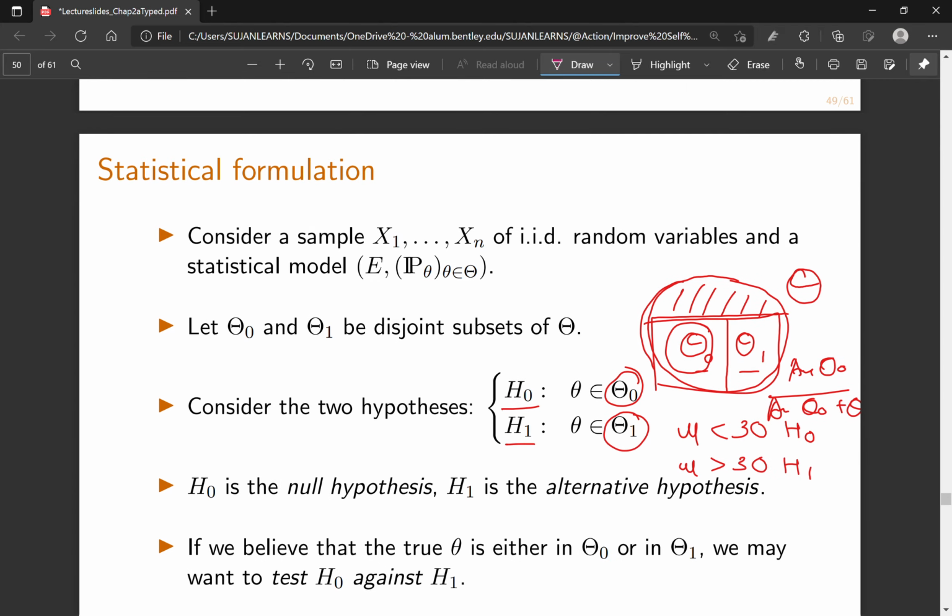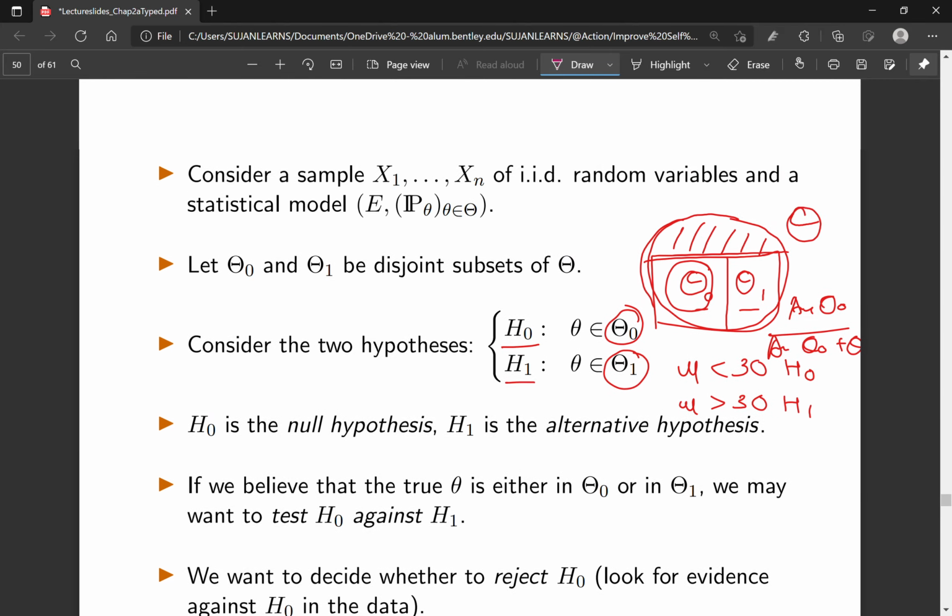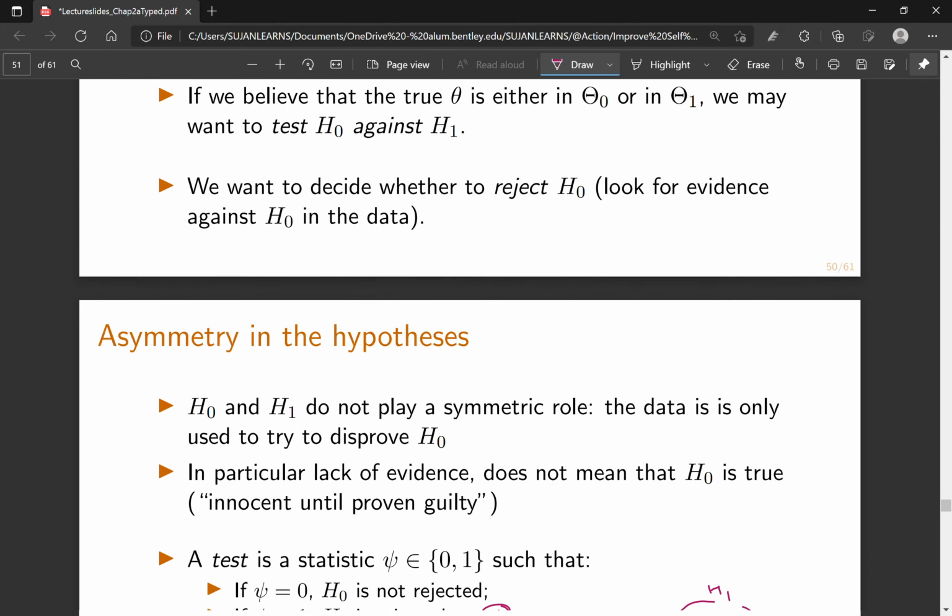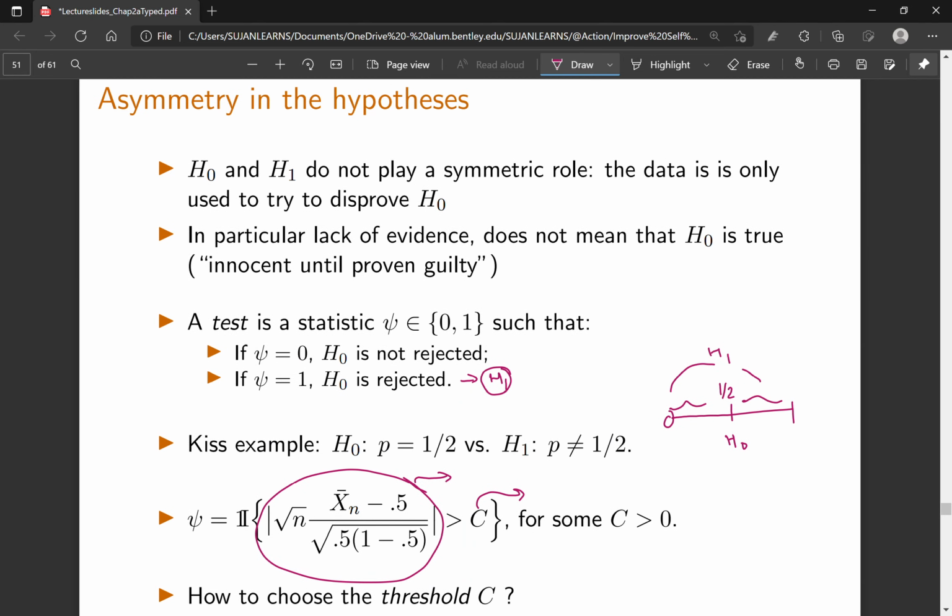Well, that's much for today. Let's quickly summarize what we discussed today. We discussed asymmetry in hypotheses. We talked about the test statistic, which is actually a function that produces two outputs, 0 or 1, based upon the data it feeds on.